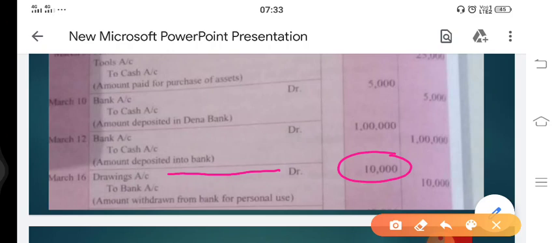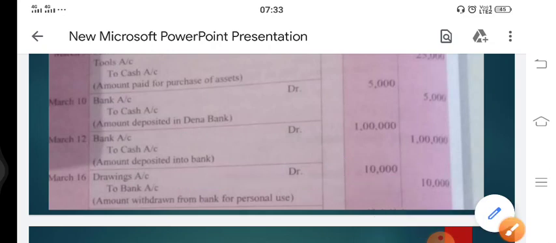So bank here becomes a person, and the person is a giver because bank is giving money. So bank got credited here. So drawings account debit to bank account.